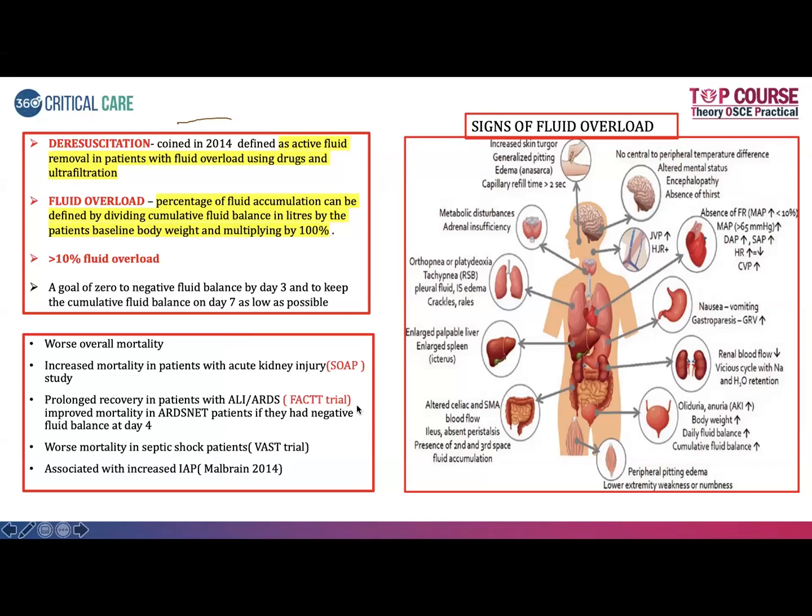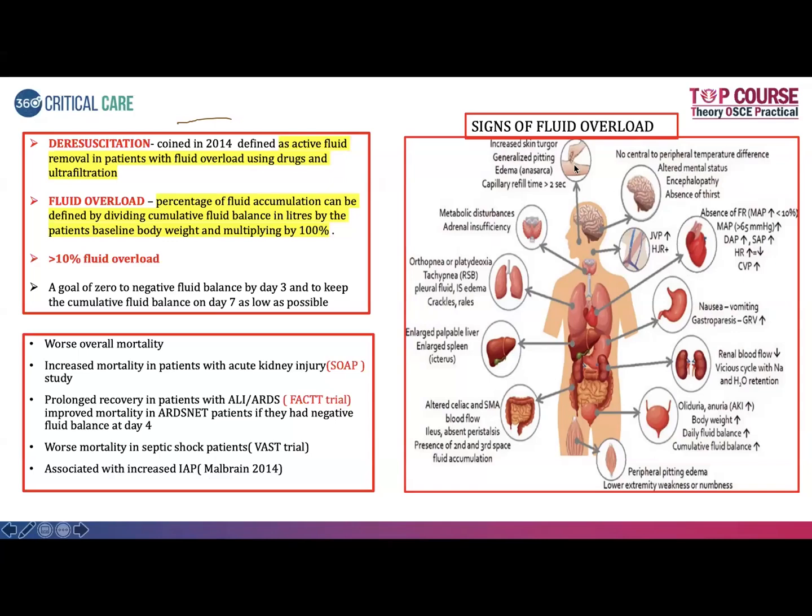So that is as per the FACT trial. The VASST trial mentioned worse mortality in septic shock patients. And this article by Dr. Malbrain in 2014 mentioned that there is an increased risk of IAP in patients who have a volume overload.